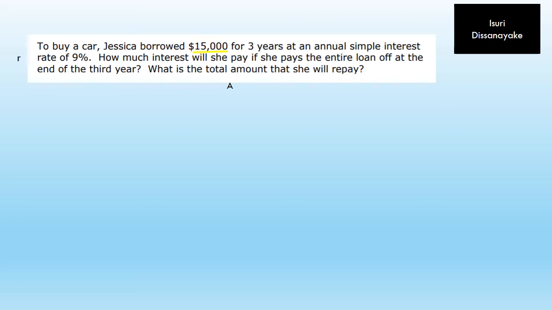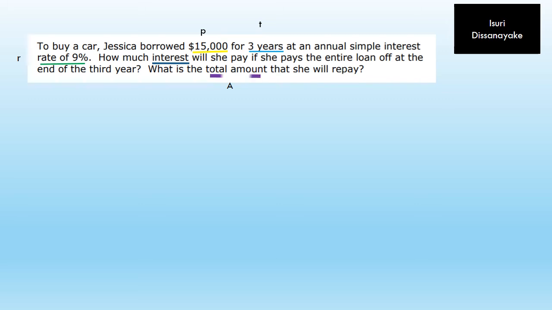What she borrowed is the principal amount, which is P. The time period is 3 years, that is T. And the interest rate R is 9%. So knowing this, you can work out how much interest she will pay if she pays the entire loan at the end of the 3rd year.